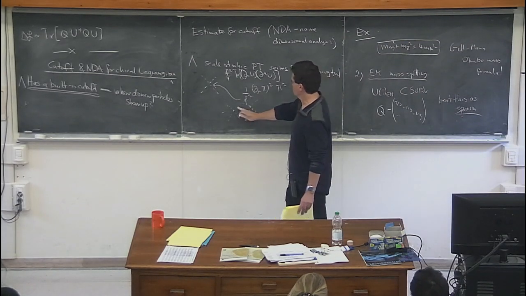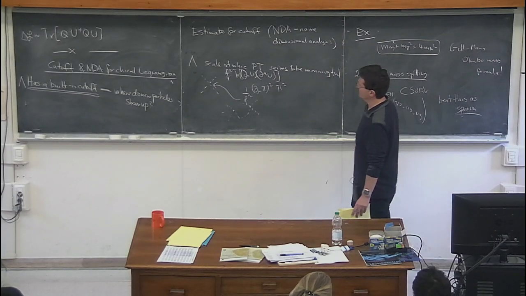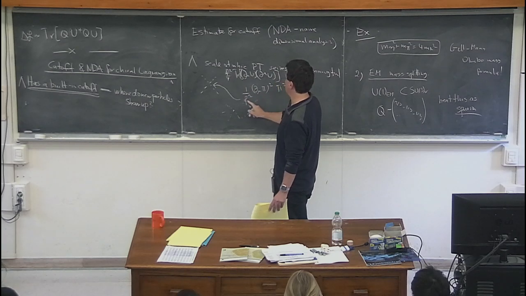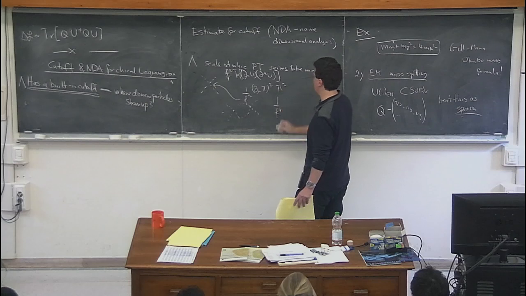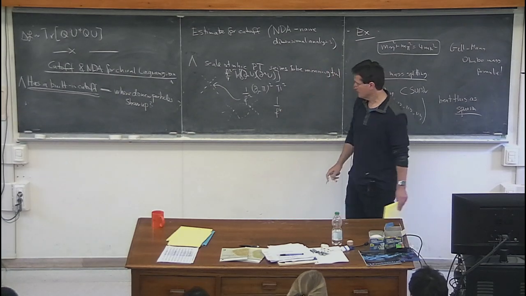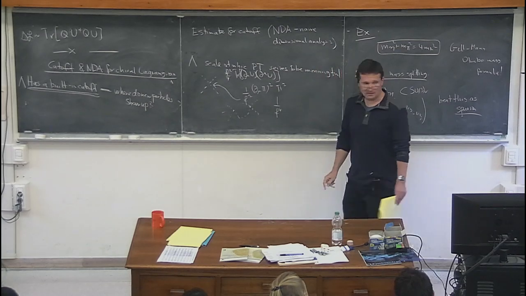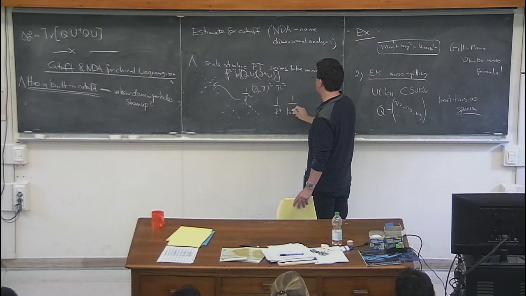Okay, so let me try to do a loop here. How large is that loop going to be? Well, it has 2 vertices, so it will have a 1 over f to the 4th term. It will have a 1 loop showing up, so I'm going to write here 1 over 16 pi squared.